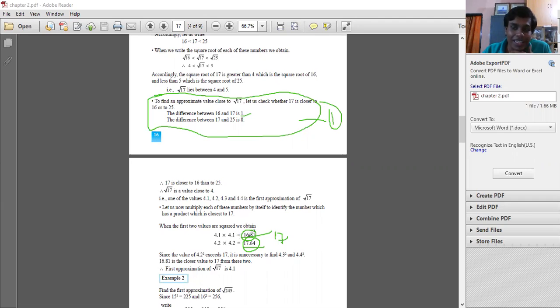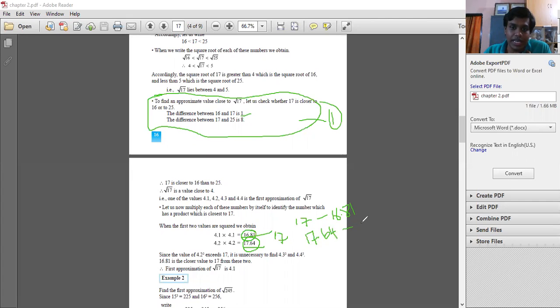To find the approximate square root of 17, we take 17 minus 16.81 and 17.64 minus 17.